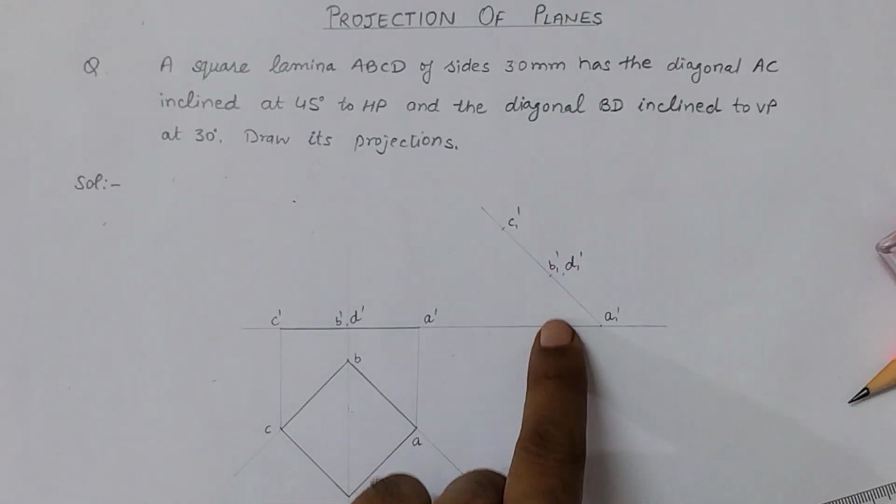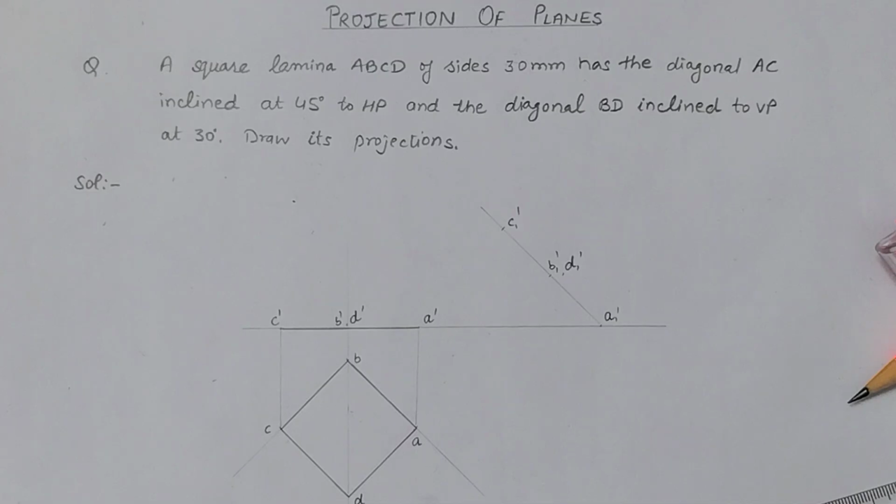So through these points draw projector lines. Use set square.